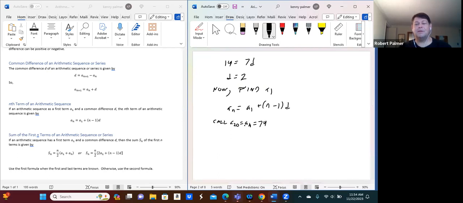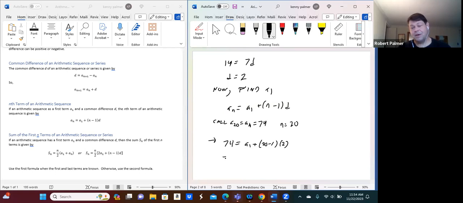If that's 74, then let's plug those in. What we have then is 74 is equal to A1 plus 20 minus 1 times D, which is 2. Here our N is 20. So plug all that in, and now we have an equation for A1.